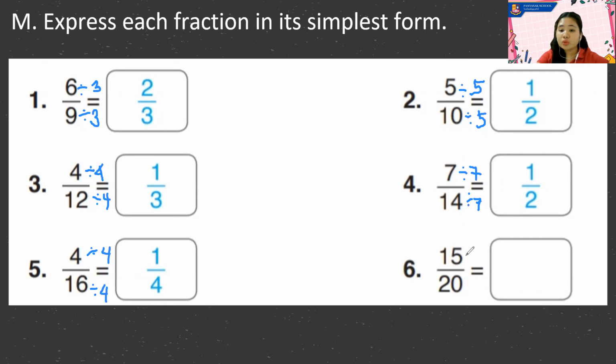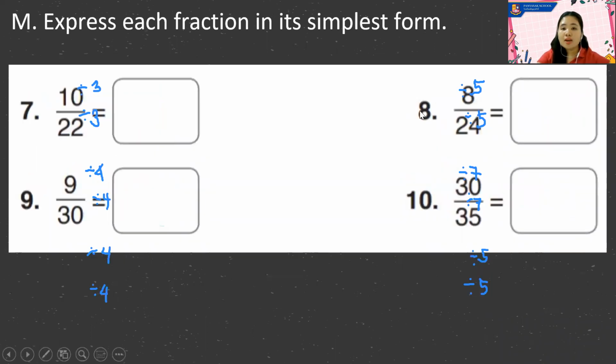So the next number will be divided by 5. 15 divided by 5, the answer is 3. 20 divided by 5, the answer is 4. So the answer for number 6 is 3/4.